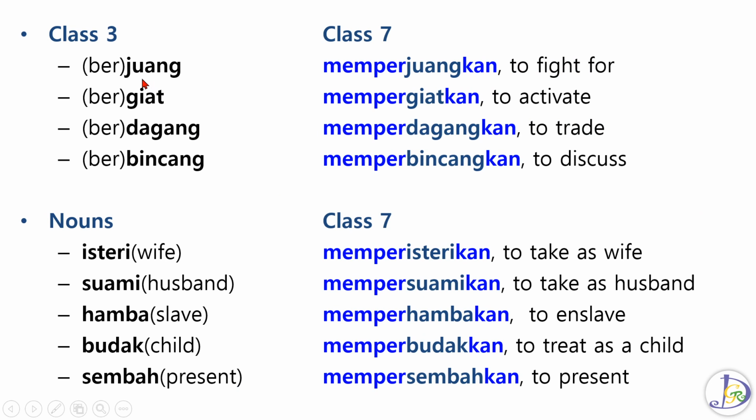Class 3, juang, memperjuangkan, to fight for. Giat, mempergiatkan, to activate. Dagang, memperdagangkan, to trade. Bincang, memperbincangkan, to discuss. Nouns, isteri, wife, memperistrikan, to take someone to become one's wife.